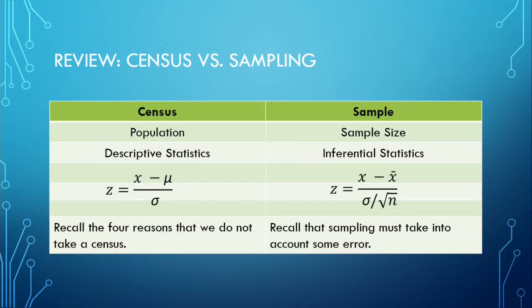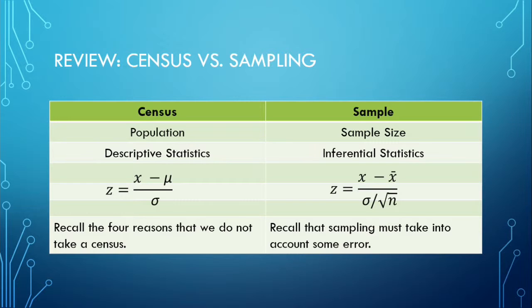With a sample, we have a sample size, which means that we take a portion of our population. Therefore, it is inferential statistics, which means that we infer things about our population from our small sample.